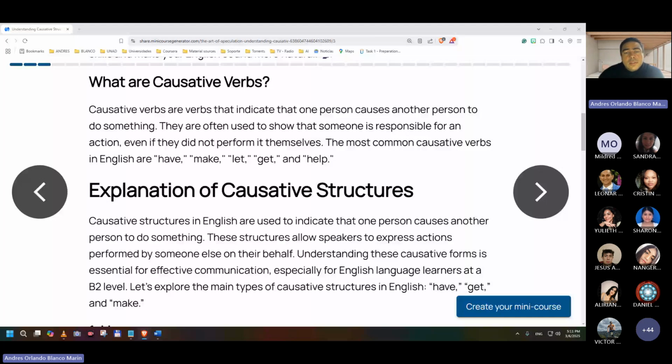A cause, in this context, is to make something happen. So a causative verb is a verb that indicates that one person causes another person to do something. But there are several ways in which you can influence that person to do your bidding.